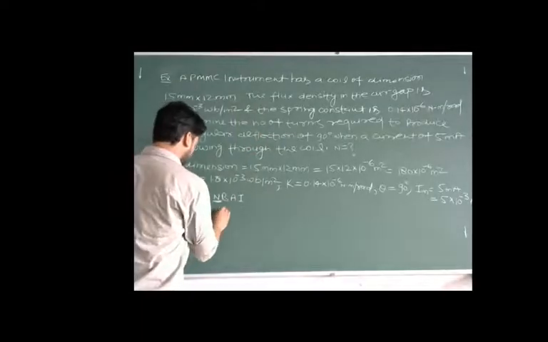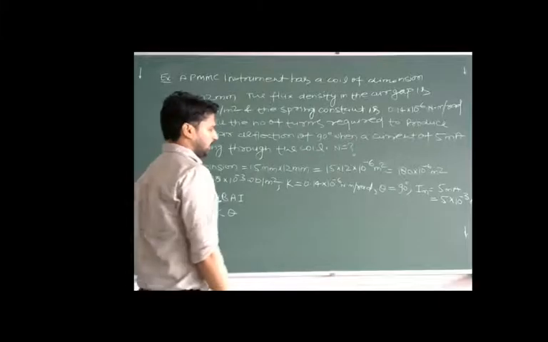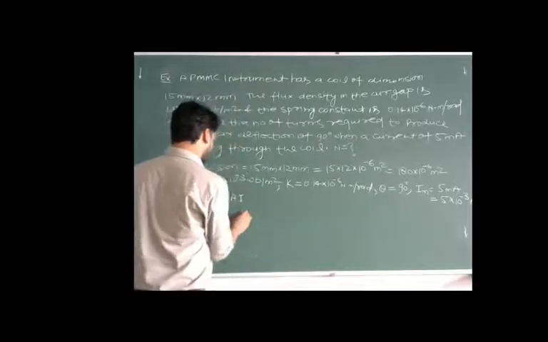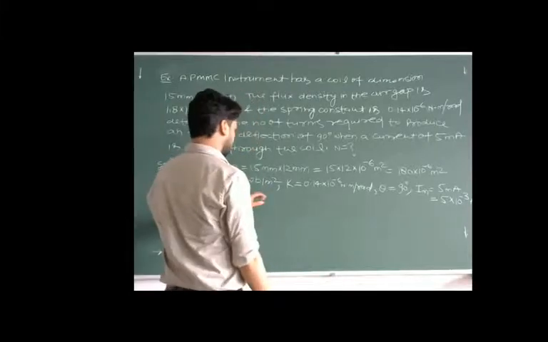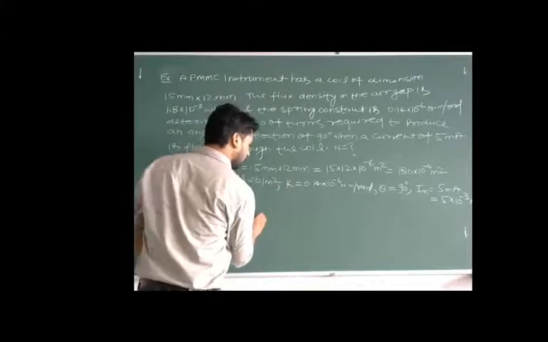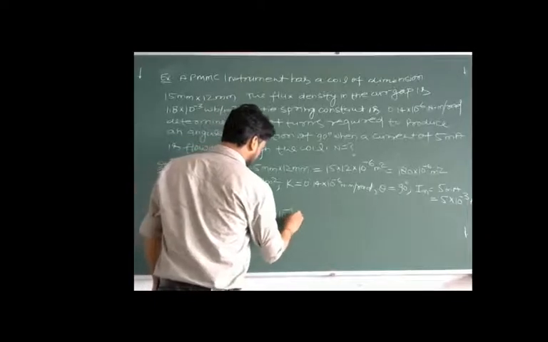Tc can be written as spring constant into deflection of the pointer. This can be calculated as K, the given spring constant, which is 0.14 into 10 power minus 6, into theta.